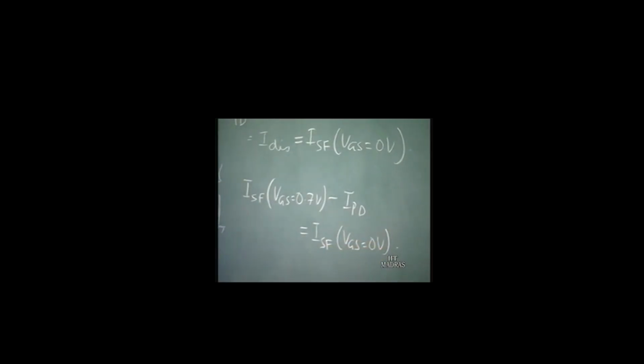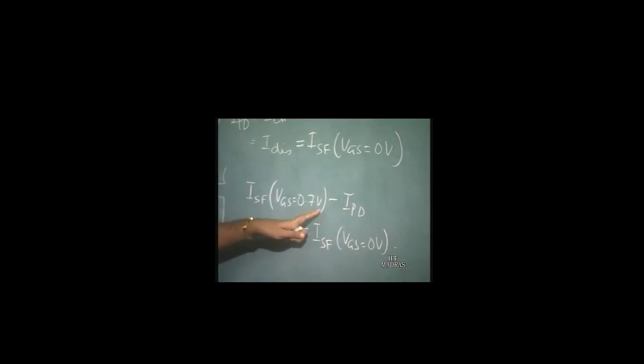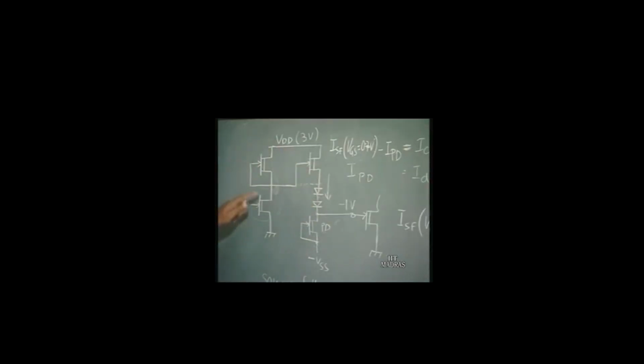So, if we design the transistors in such a way that the source follower current at VGS equal to 0.7 volts minus I pull down is equal to the source follower current at VGS equal to 0 volt, then the charging and discharging times can be made equal, which was not possible in the previous circuit. So, this circuit, by introduction of the source follower here, is much better compared to the previous circuit.